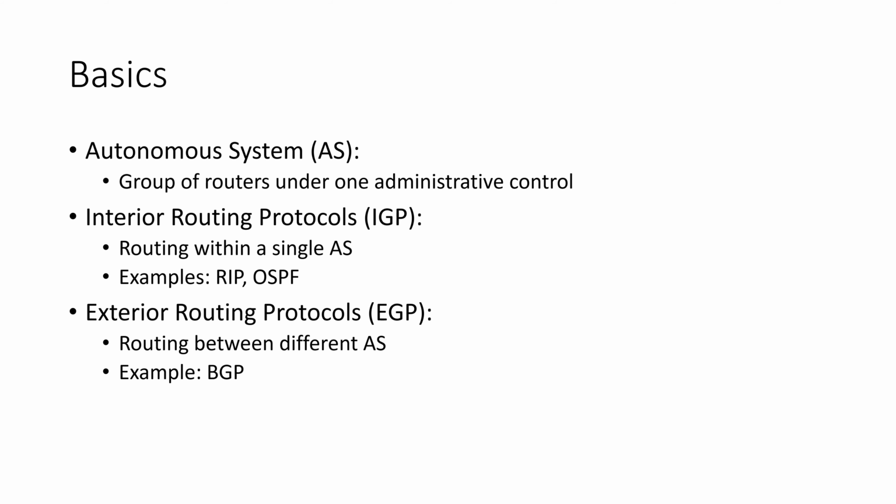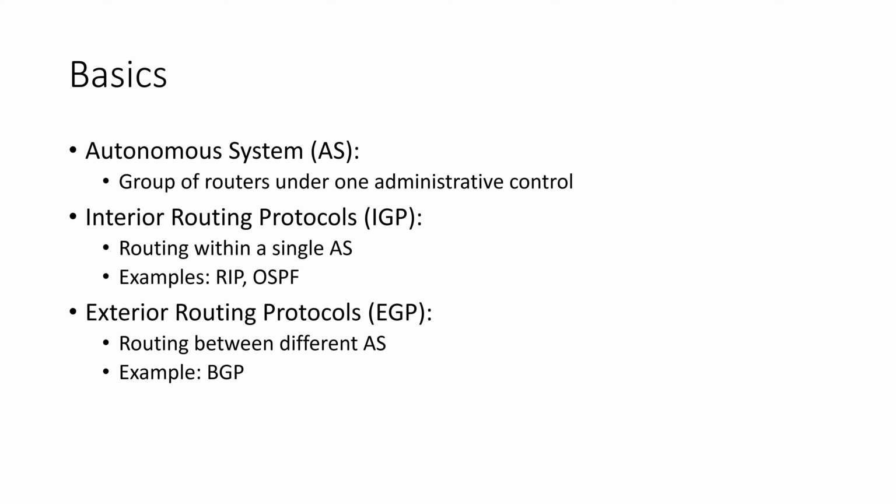Now, within an AS, routers need to communicate with each other in order to exchange routing information. This is handled by interior routing protocols or IGPs. Examples include RIP and OSPF. On the other hand, when traffic needs to move between different autonomous systems, like from one ISP to another, it's managed by exterior routing protocols or EGPs.